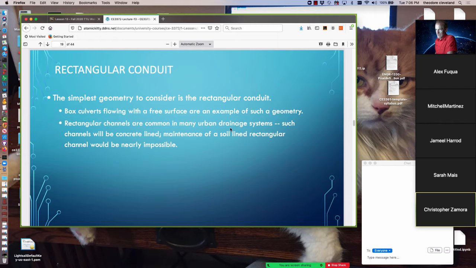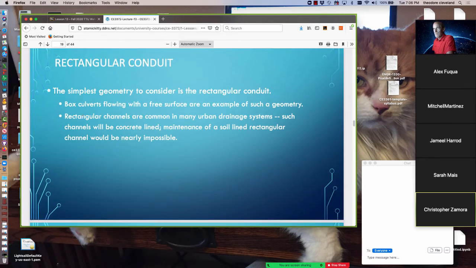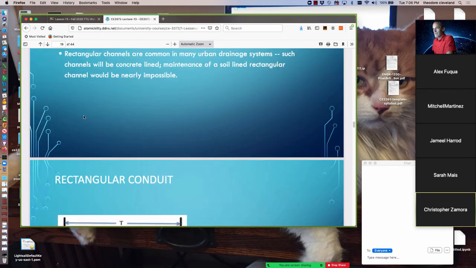A rectangular channel will have to be lined. It's going to have to be concrete lined because a soil-lined rectangular channel would be nearly impossible to maintain. It wouldn't be stable. It would wash away. But having said that, box culverts and rectangular channels are very common engineering features in urban areas and in rural areas for that matter.